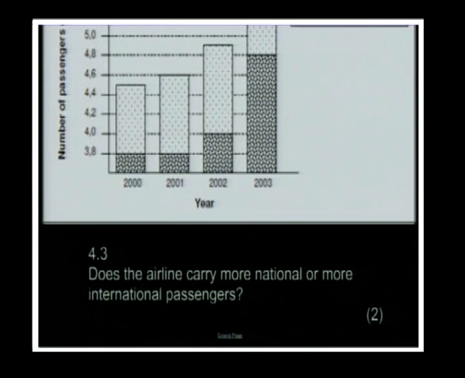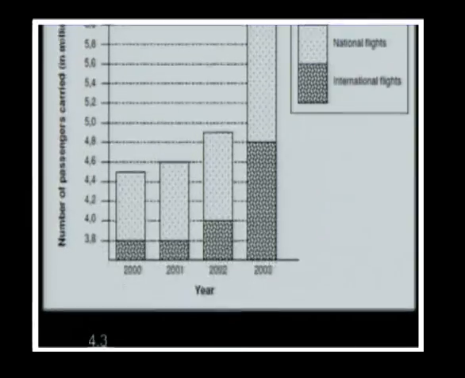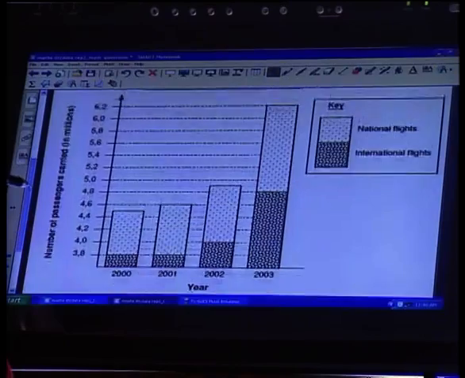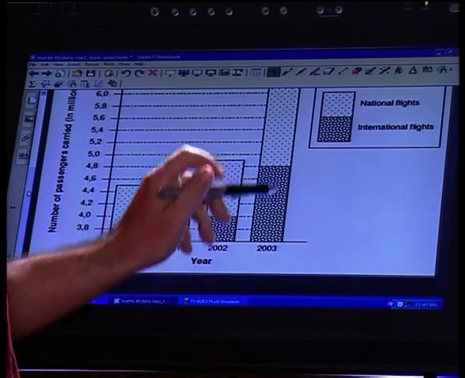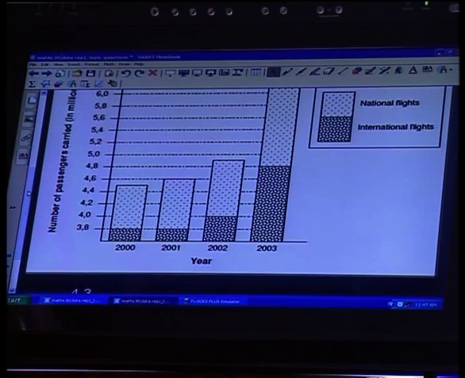Let's look at question 4.3. Question 3 says, does the airline carry more national or more international passengers? Now, if we look at the graph, you can see that the shaded areas for nationals, the light ones, look quite a bit larger than the shading for the international passengers.